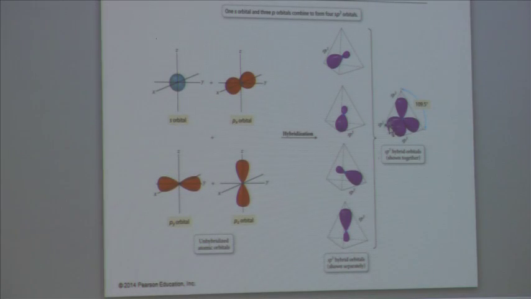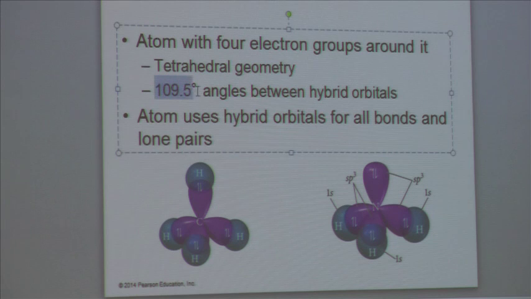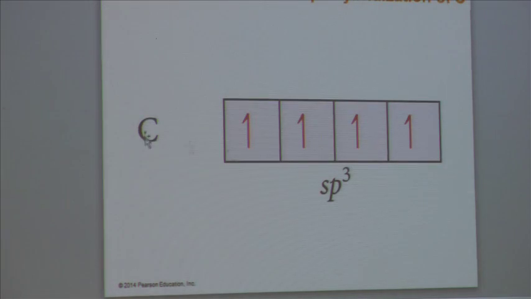And so essentially these are the 1, 2, 3, 4 sp3 hybrid orbitals which can bond with the hydrogen molecule. And so this is what sp3 hybridization looks like geometrically with 109.5 degrees. And so when we represent the orbitals, the electrons in the orbitals, we draw the four electrons in each orbital.